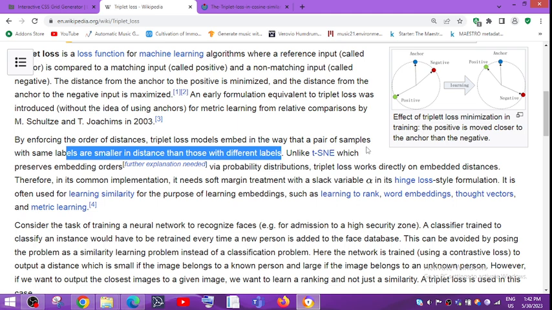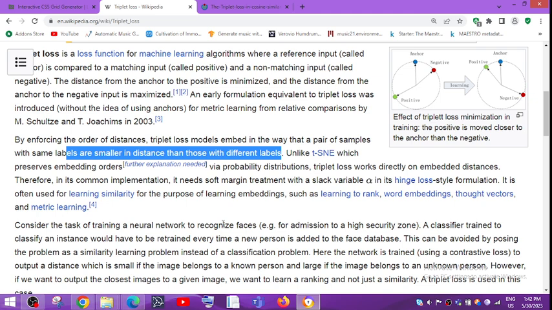The purpose of this triplet loss is: consider the task of training a neural network to recognize faces, for example, admission to a high security zone. A classifier trained to classify the instances would have to be retrained every time a new person is added to the face dataset. This can be avoided by posing the problem as a similarity learning problem instead of a classification problem.